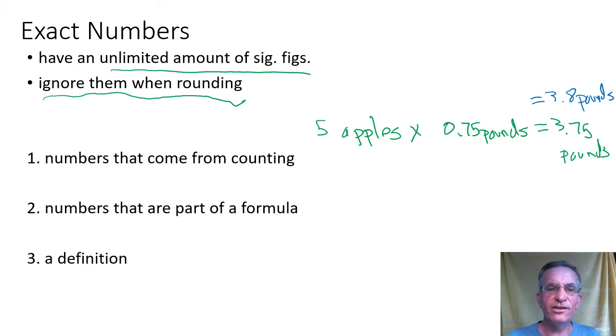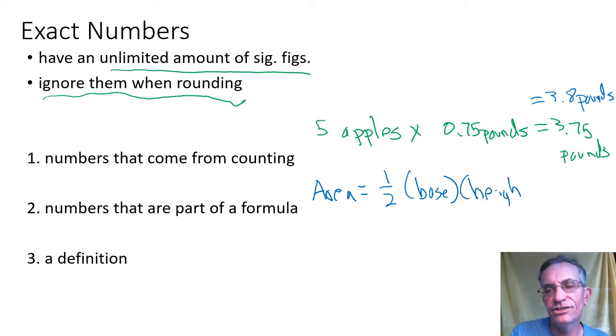All right, what are some other examples? Another example would be a number that's part of a formula. We really won't probably be doing this, but just as an example, let's say I wanted you to use the formula for the area of a triangle. The formula for the area of a triangle is 1/2 base times height.